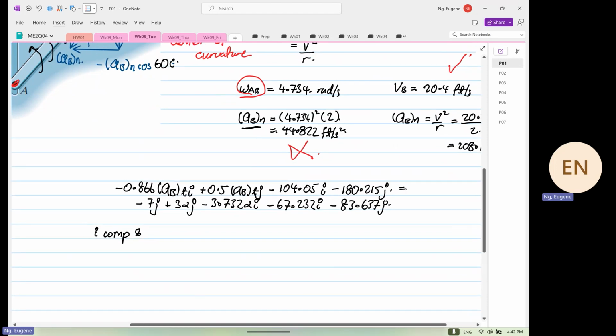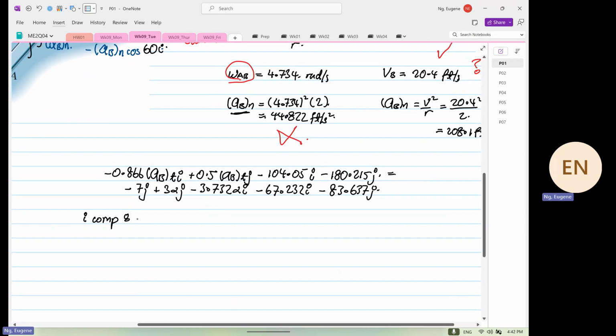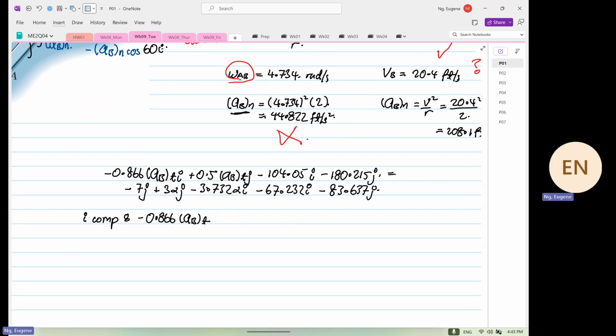Okay, then like before, you break it down into the I component. So we get minus 0.866 ABT, looking at I, minus 104.05. This will be equal to minus 3.732 alpha minus 67.232.